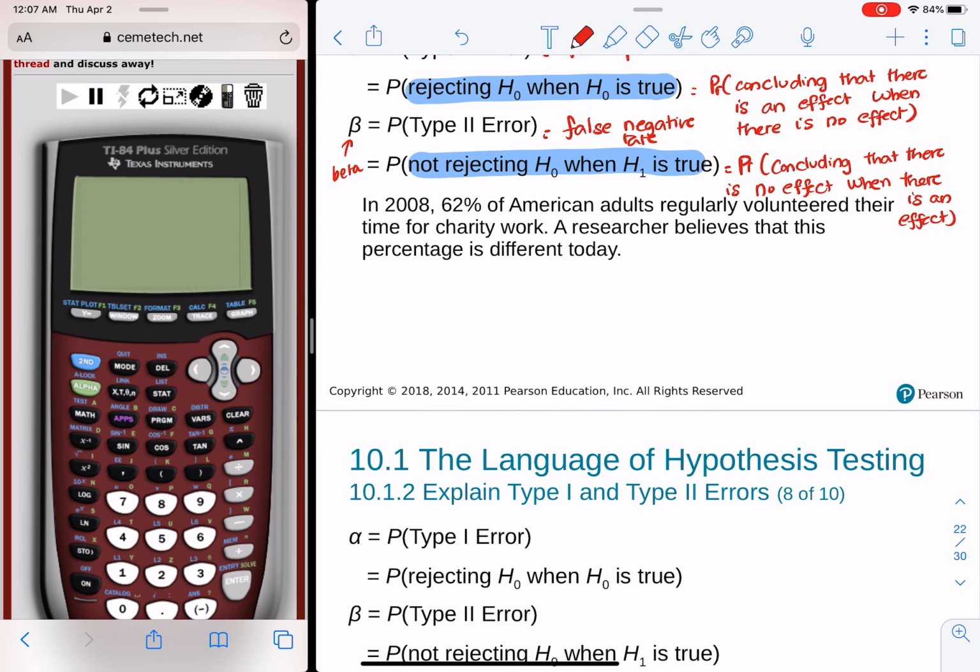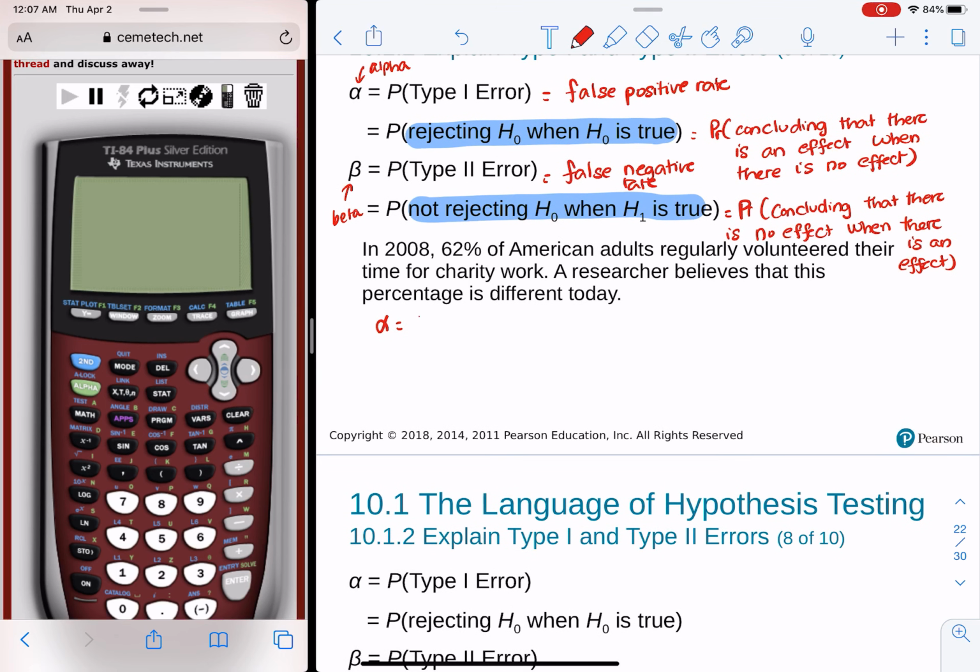So we can define alpha here as the probability of rejecting that the proportion is equal to 0.62 when in reality the proportion is 0.62. So we are saying that this is true, or we found evidence toward that statement, but the truth is nothing has changed.